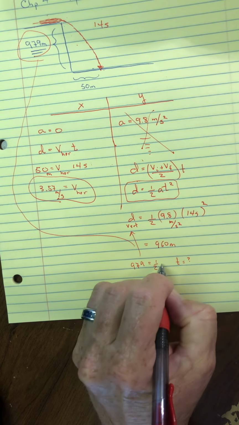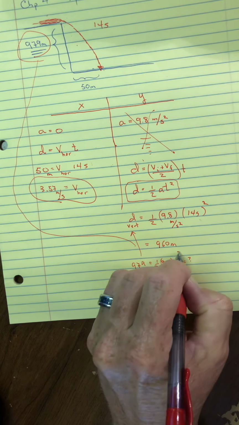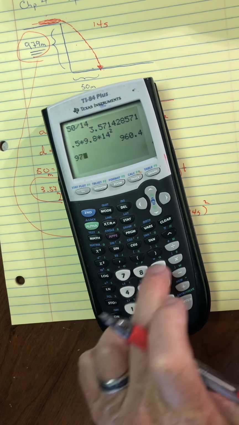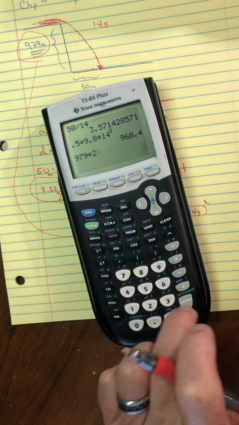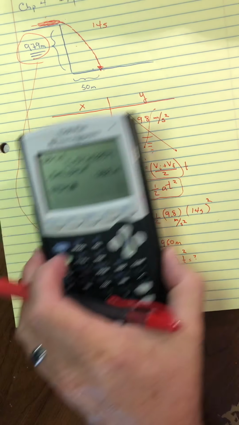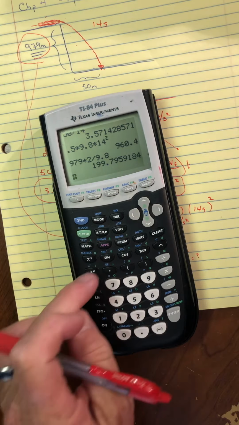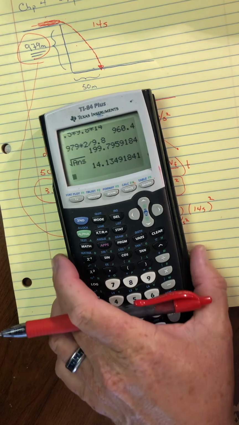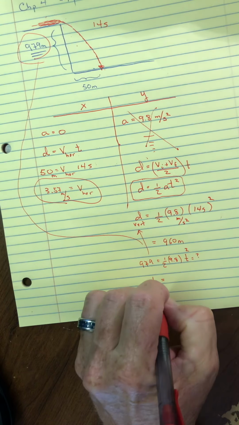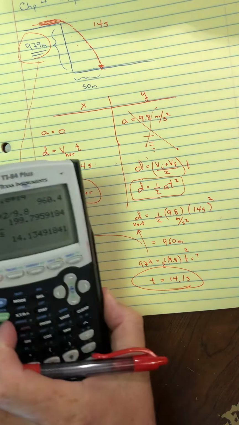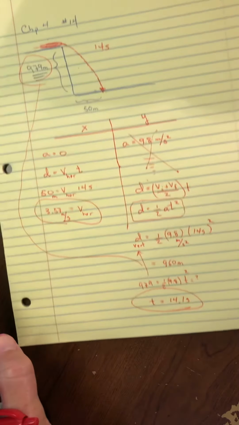So I'll put a 1/2 and a 9.8 and time squared. So this would be 979 times 2 when I bring this over. Then divide by 9.8 and take the square root, and a more accurate description would be it takes 14.1 seconds to drop all the way down.